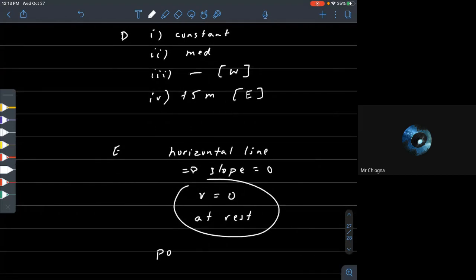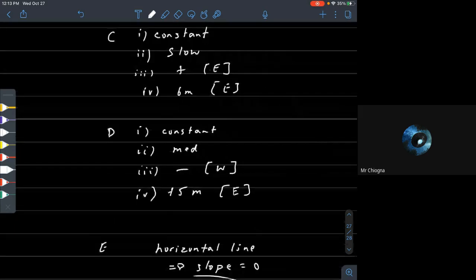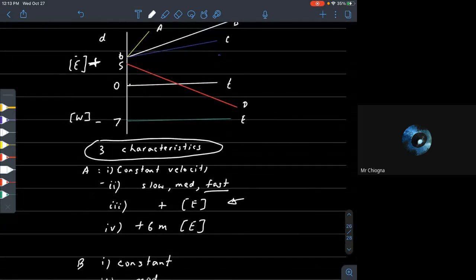Position is -7, I think, right? 7 meters west, or -7, or both. Do I need to talk about medium?